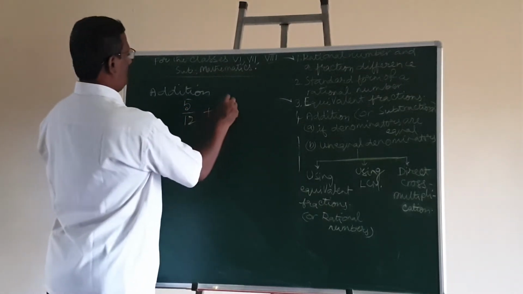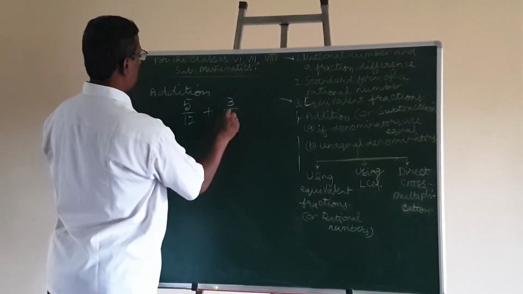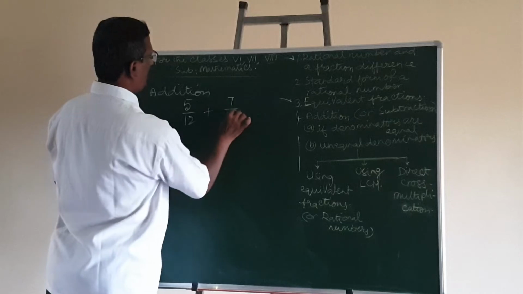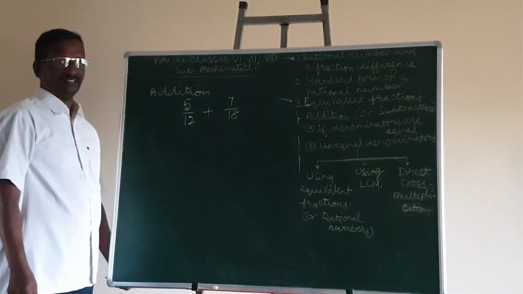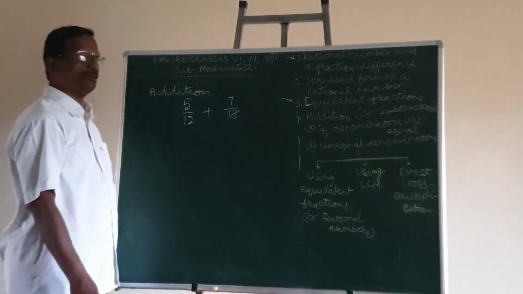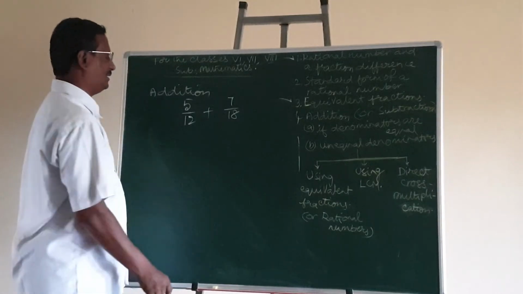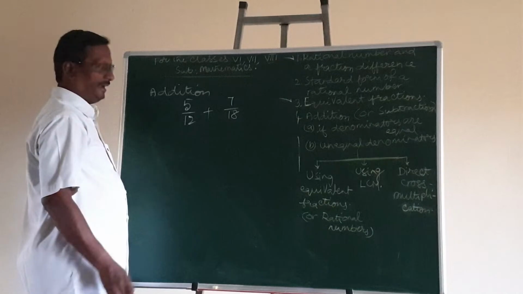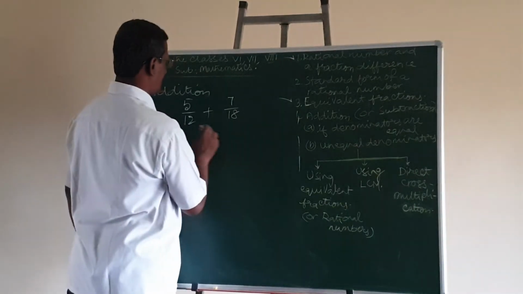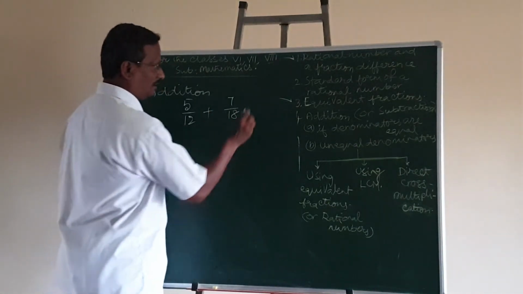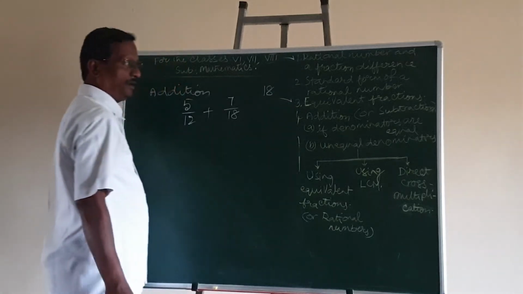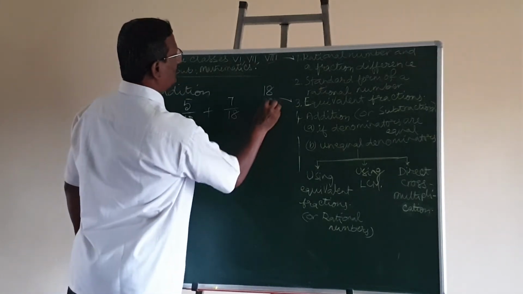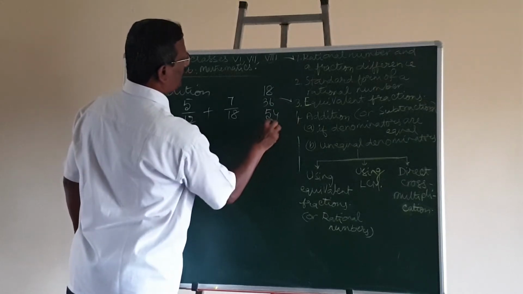5 upon 12 plus 7 upon 18. Suppose this is the number, and we want to do addition by taking the LCM of 18 comma 12. While finding the LCM, the bigger number is 18. So let us write the multiplication table of 18: 18, 36, 54.